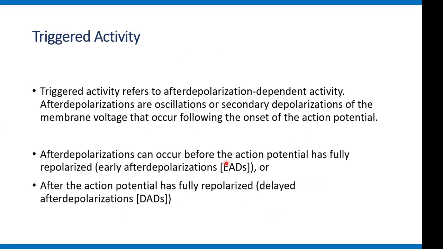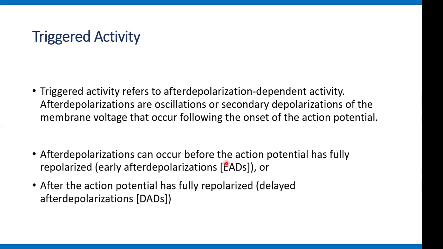Okay. So triggered activity, I mentioned delayed and early afterdepolarization. Okay. So with triggered activity, it is any action potential that is generated after depolarization has occurred. So anything that happens after depolarization is referred to as a triggered activity. And this happens because the membrane potential sort of changes or shifts.